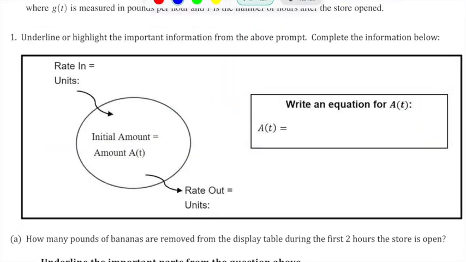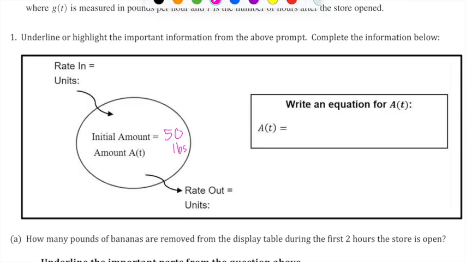Whenever you encounter these types of problems, you need to be able to identify how much is going in and how much is going out, and there's always a starting value. In our case, our starting value was 50 pounds of bananas, and we call the total function A of t. That is the amount of bananas in the store at any one time.